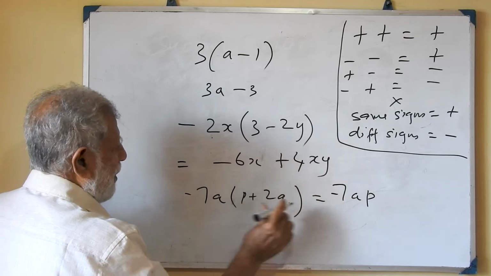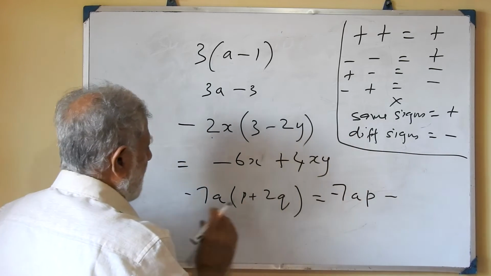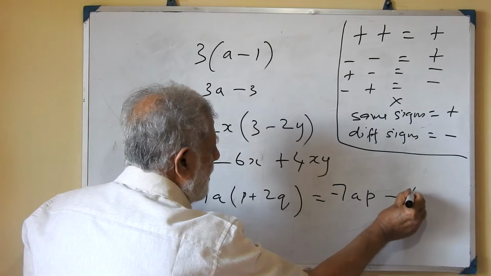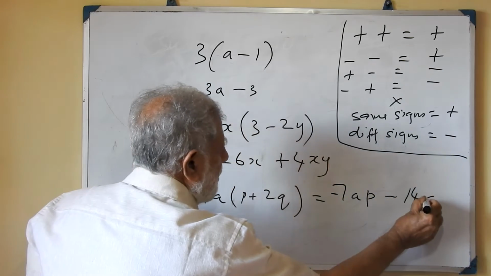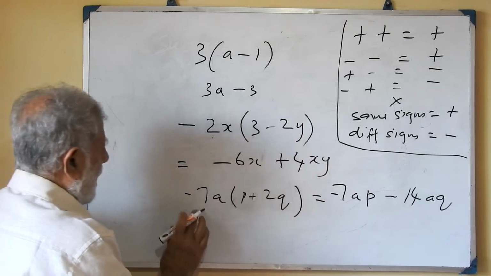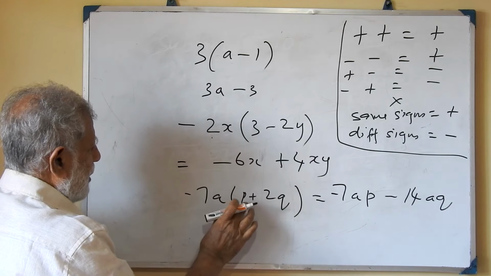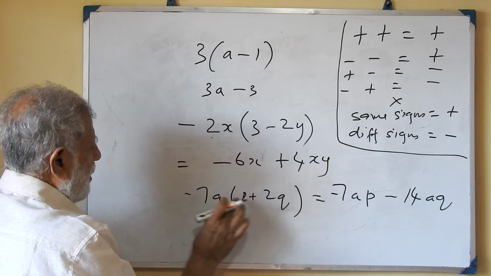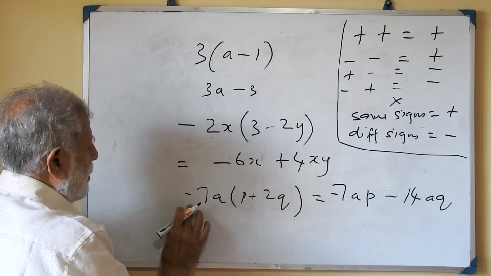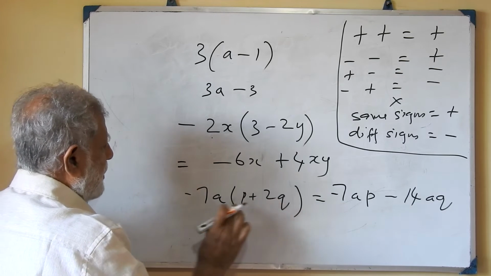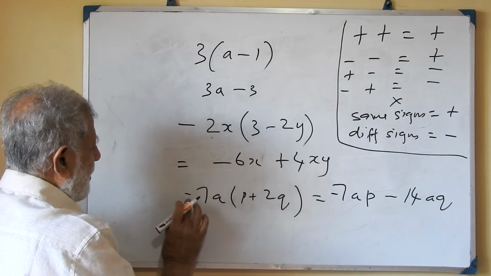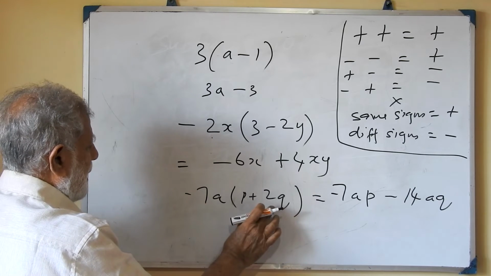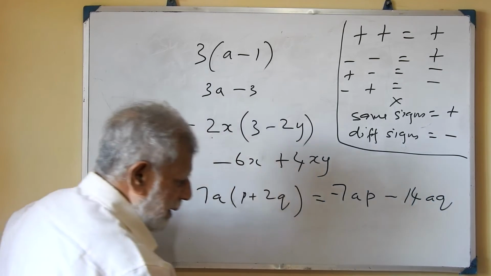Then minus into plus is minus, different signs, minus. 7 into 2 is 14, a into q, aq. So the answer is minus 7ap minus 14aq. Three things you have to multiply here: the signs first, minus into plus minus, then 7 into 2, 14, and a into q, aq.